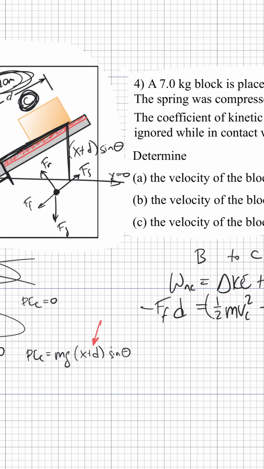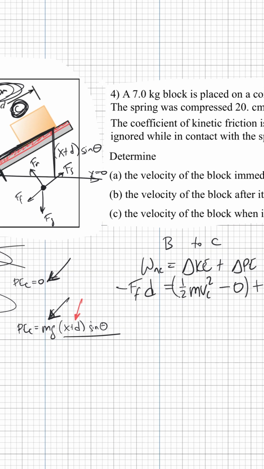All right, so for potential energy, which types do I have? Well, I've got the spring potential energy, and I've got the gravitational potential energy. So I usually start with gravitational potential energy, so it's going to be mg times the delta y, which I had already kind of figured out. So it'll be x plus d times the sine of theta. Cool. And then what's the next thing? Oh, now we need the potential energy due to the spring, right?